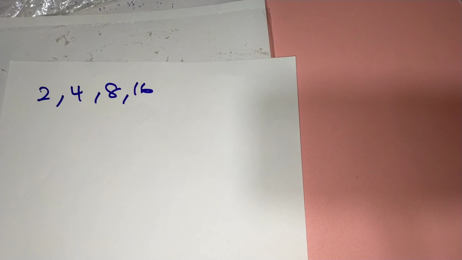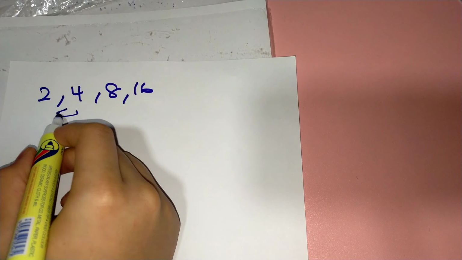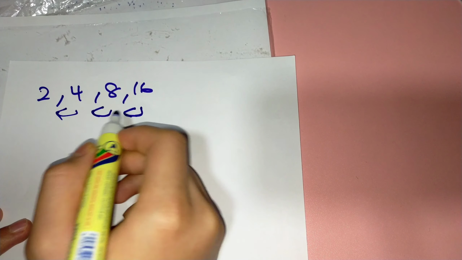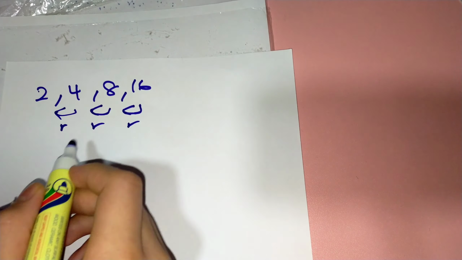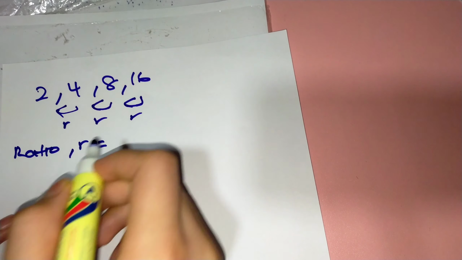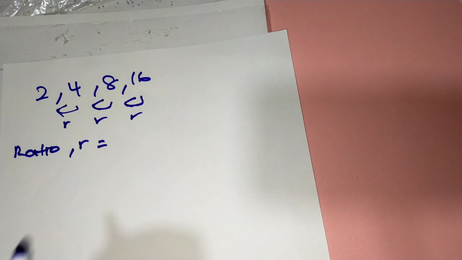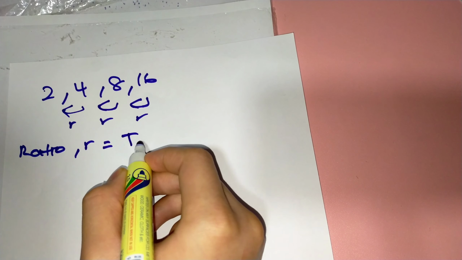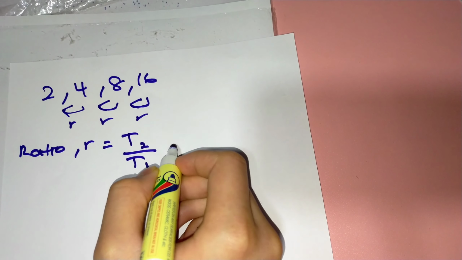So what is the difference? Like this, you get R. Ratio is R. We can simplify it like this.